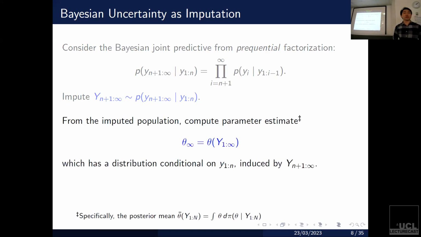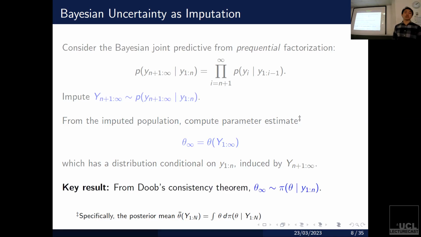From this imputed population, suppose we had access to some estimate, and there is a little bit of detail here on what this theta needs to be, but let's suppose it's something really easy, like the mean, for example. Because theta is going to be a function of y1 to infinity, and yn+1 to infinity is going to be random, it's going to have a distribution essentially conditioned on y1 to n. So the little y1 to n will be fixed. And there's a really neat theorem from a long, long time ago, which is essentially a Bayesian consistency theorem, but we can borrow those results.